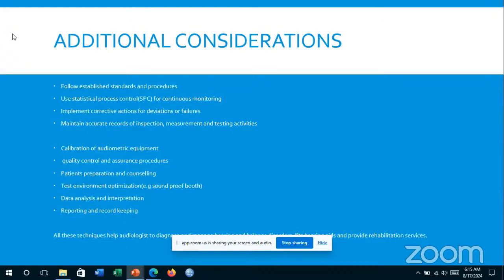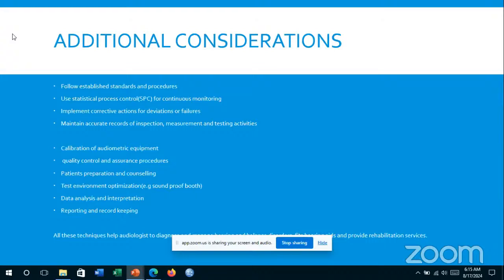So an additional consideration is patient-centered care. You have to focus on individual needs and preferences. You have to adapt counseling to the patient's cultural background. That's another area. You have to use clear language and provide interpretation services if needed.